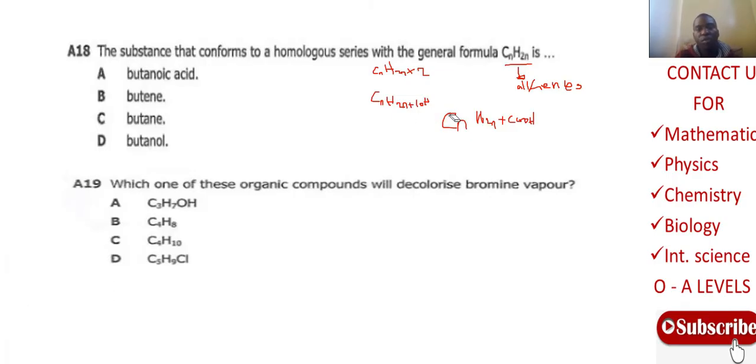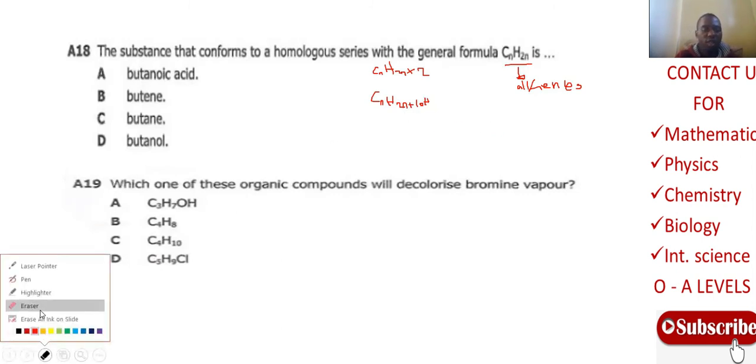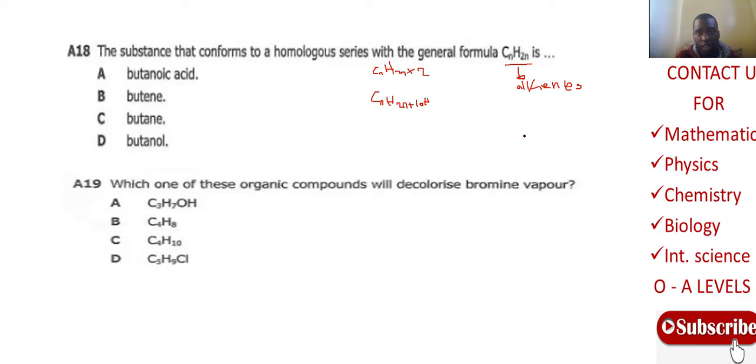So here, let's now choose the correct answer, having that little bit of knowledge. So this is alkenes, we know. Then let's look at, okay, this is an acid. So butene is definitely an alkene. Butane, no. So the best answer here was butene, because that is the only one which is in this family of alkenes. All right, so question 18, the answer is B.